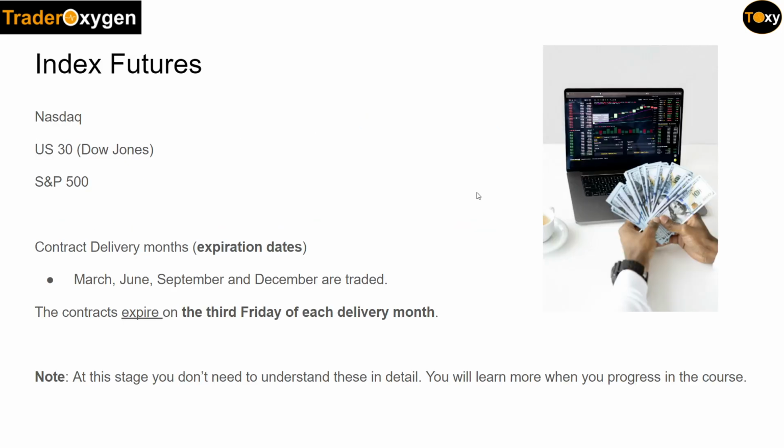So, starting with index futures, these are three of the major index futures based on the USA market: Nasdaq, US 30 (Dow Jones), and S&P 500. When it comes to index futures, there's a concept called contract delivery months, where there are expiration dates.